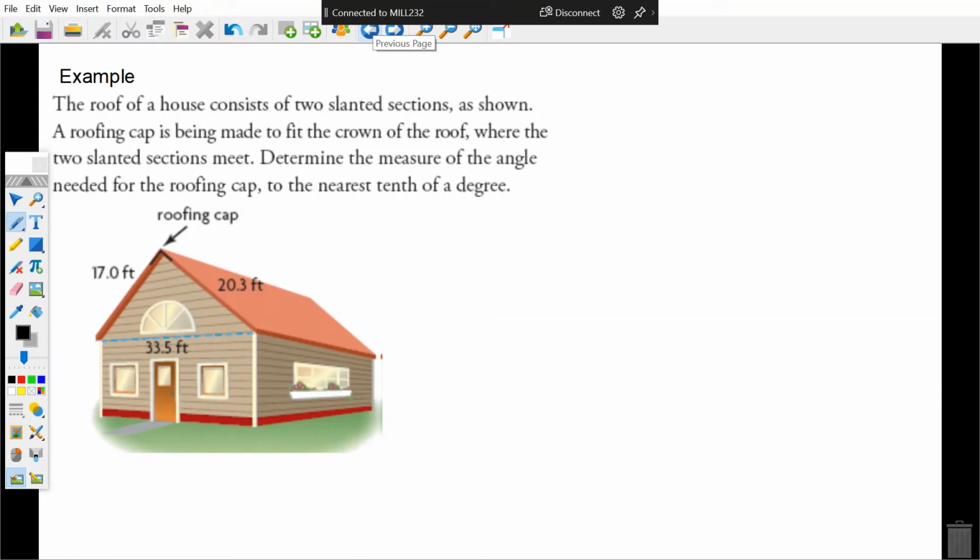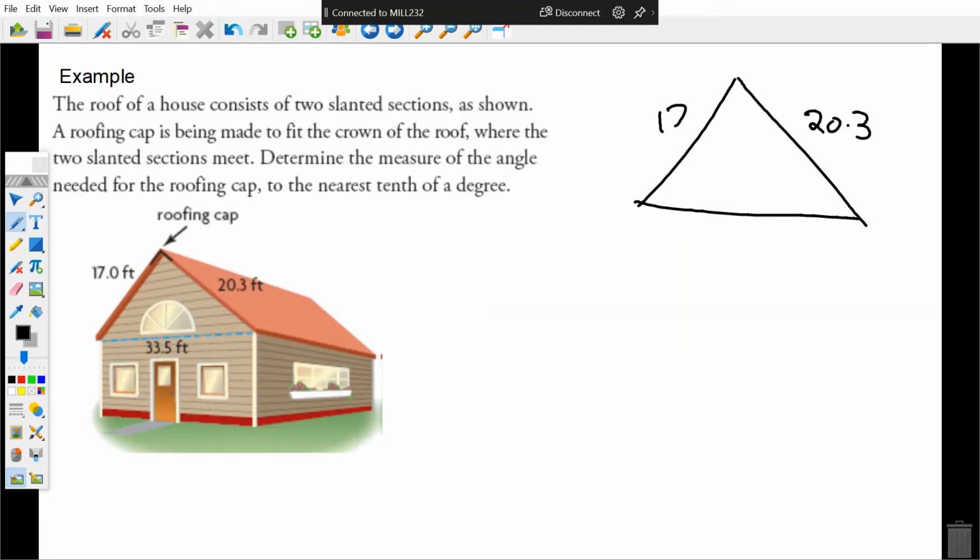Here we have a house, and we're looking at the roof of the house. I'm going to draw you the triangle separately, so it's a little bit easier to see. The lengths of the sides of the roof are 17, 20.3, and 33.5.